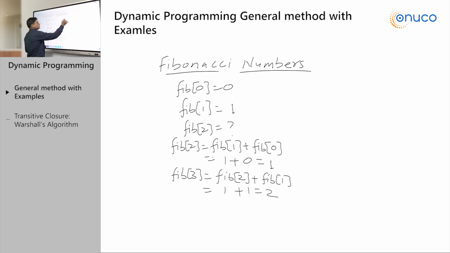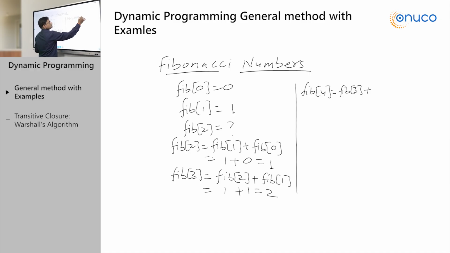In a similar way, if you want to find Fibonacci of 4, it is 4 minus 1, Fibonacci of 3, plus 4 minus 2, Fibonacci of 2. Fibonacci of 3 is 2, Fibonacci of 2 is 1, hence the answer is 3.